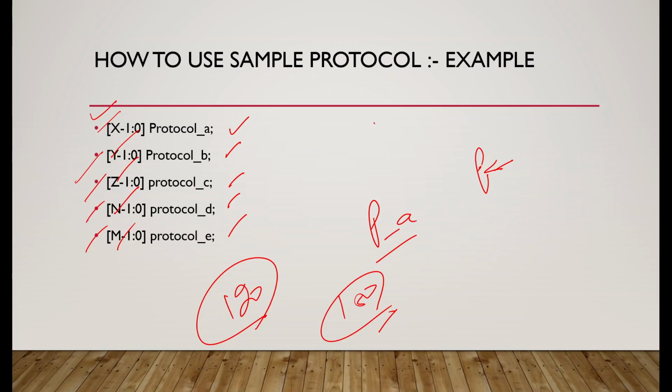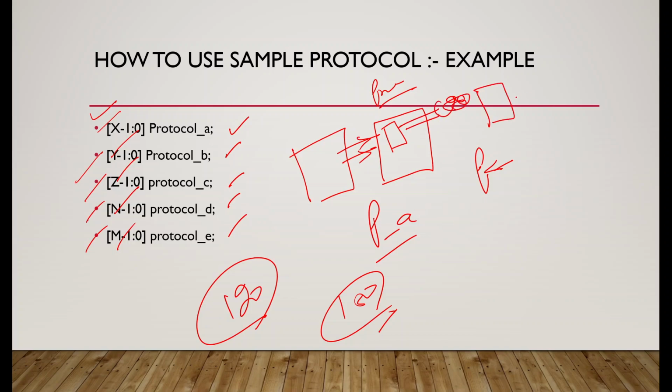Now, the basic funda is that we have a protocol controller, and from the host side the protocol signals are coming. So first we sample them, and give them to the next stage for processing, and then again sampling, then processing. That's how a design is made, right?